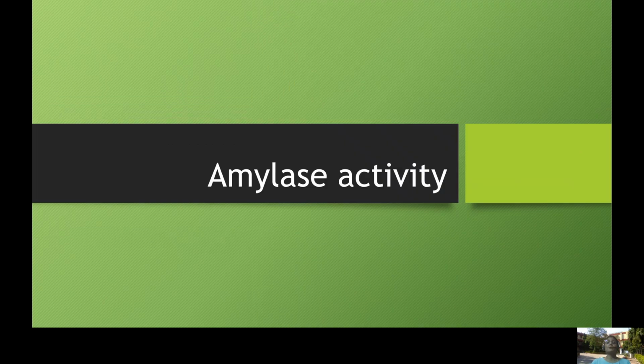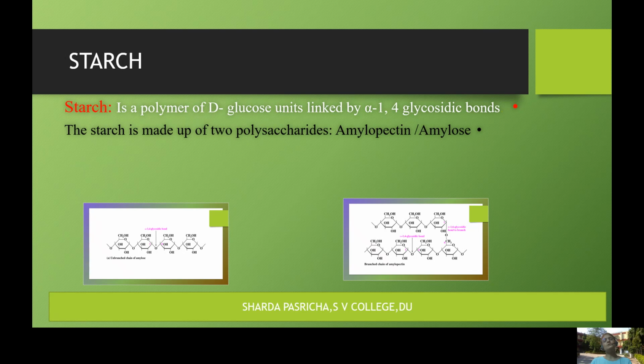So now we come to our experiment that we are going to do, that is the amylase activity. To give you a background, we are going to study the activity of an enzyme that is called salivary amylase, which is found in your saliva, or pancreatic amylase, or alpha amylase.